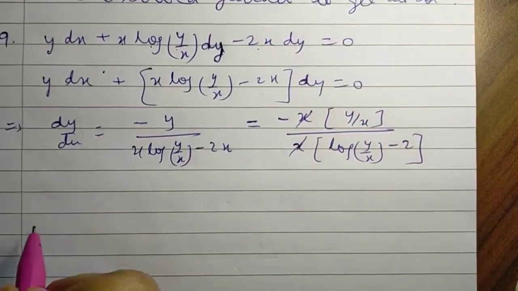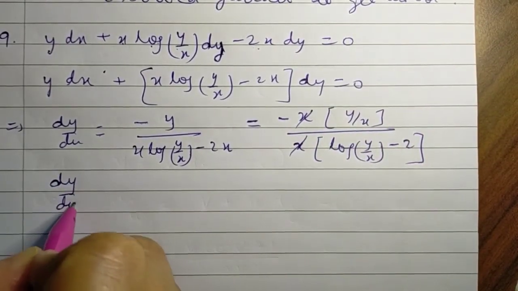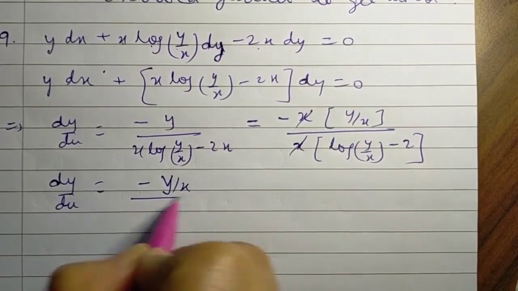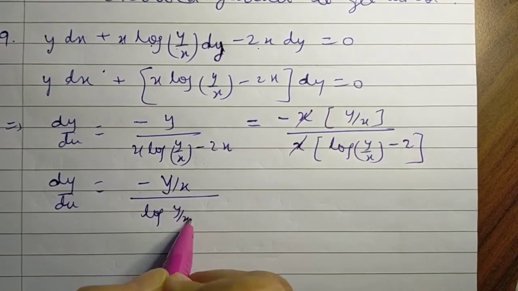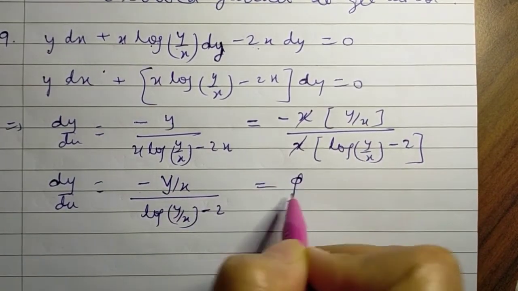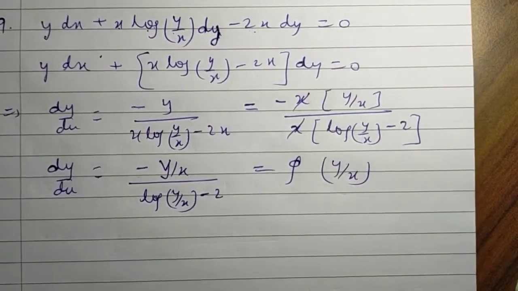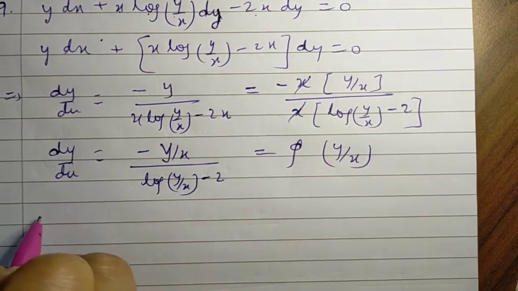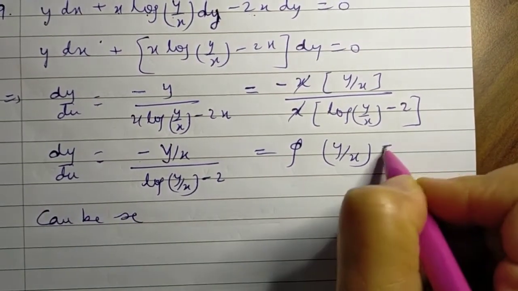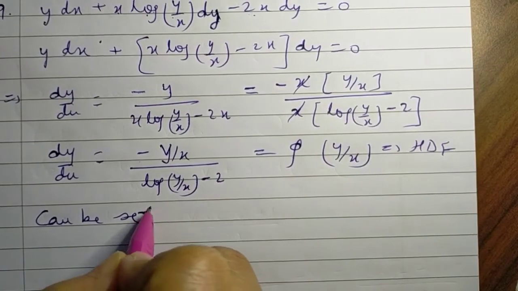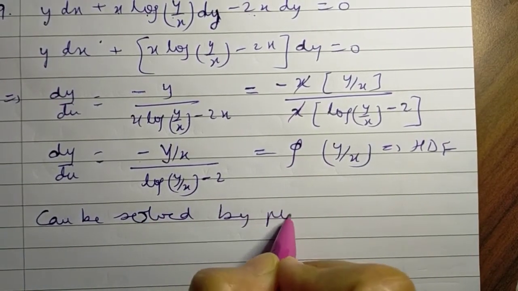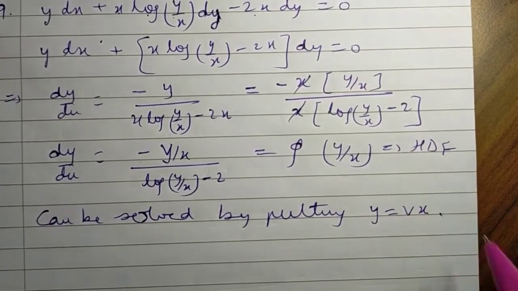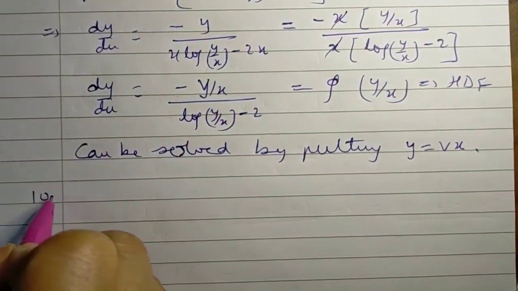This x and this x get cancelled, and I am left with dy by dx is equal to minus y by x upon log of y by x minus 2, which is purely a function of y by x and can be solved using the various results by putting y equal to vx.